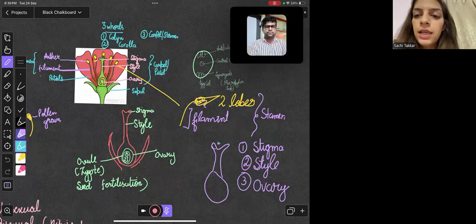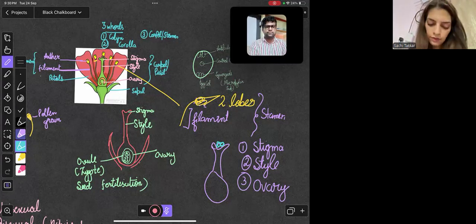So this is the male gamete. These are two male gametes that are in contact with the stigma. The stigma has some sticky material that will only allow the compatible male gamete to enter inside the female reproductive part.